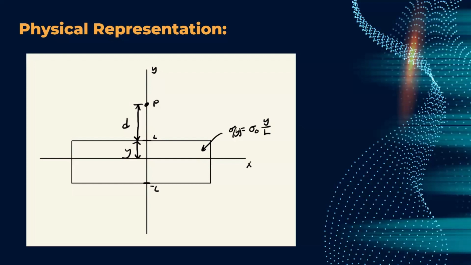This wire has a charge density of sigma naught y over L. Our distance y is from the origin, or the x-axis, to the edge of the wire. And then our distance d is from the edge of the wire to our point charge. Our point charge is labeled by P.